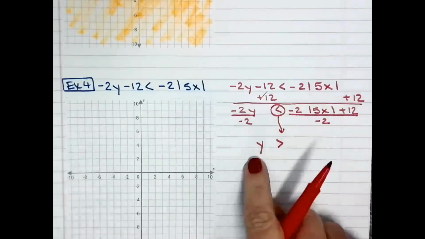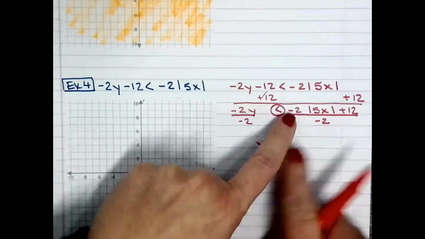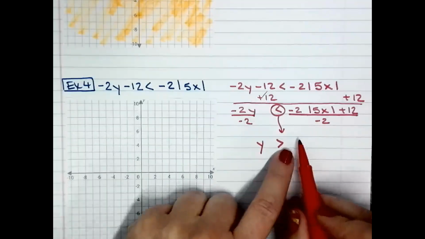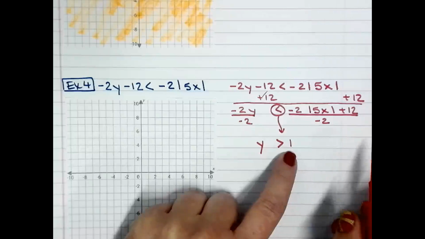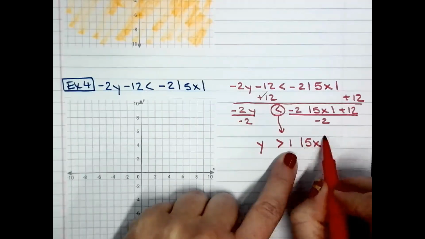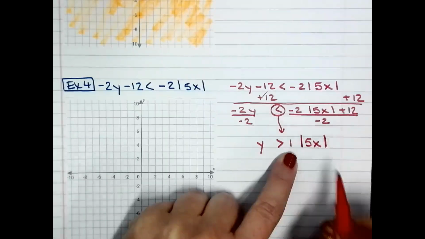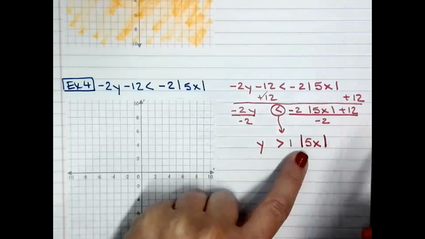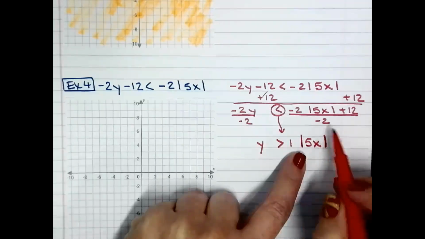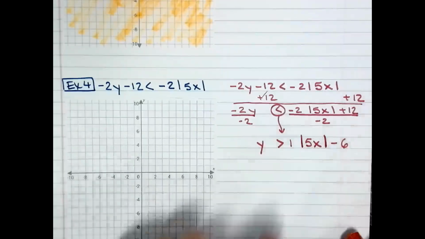So I have y is greater than -2 divided by -2 is 1. Lucky us, so I don't have to do it. Let's put a 1 right there just because. Now, you will not divide what's in the absolute value. You leave that alone because this one is protected. 12 divided by negative 2 is negative 6.